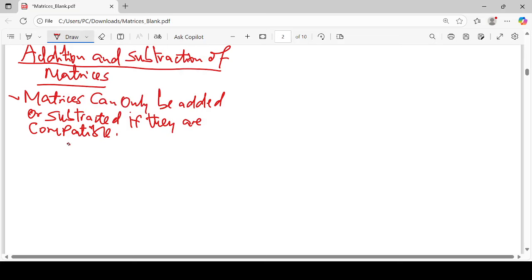Let's look at examples to make the point sink home. I want to give the first example.